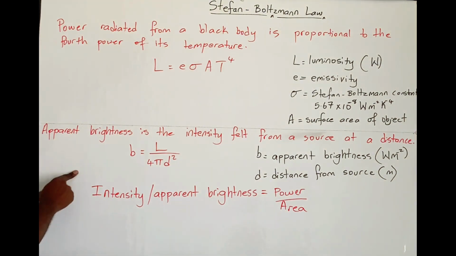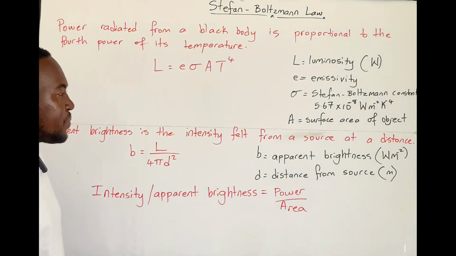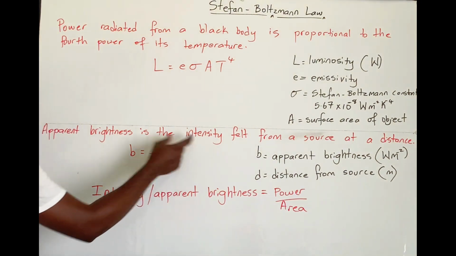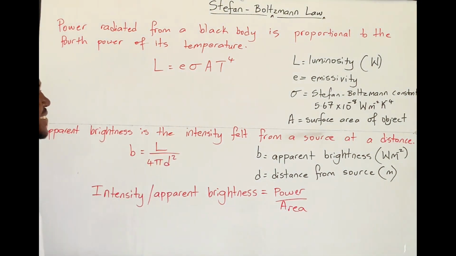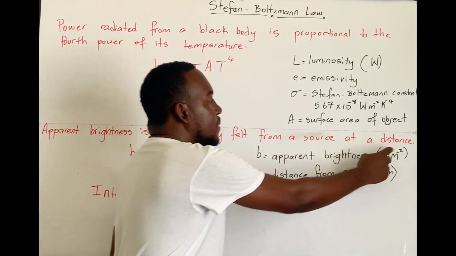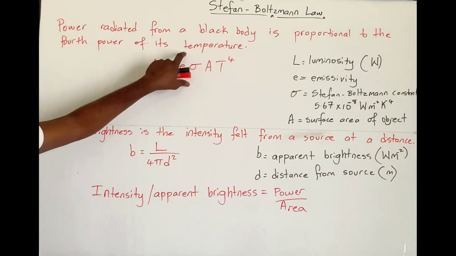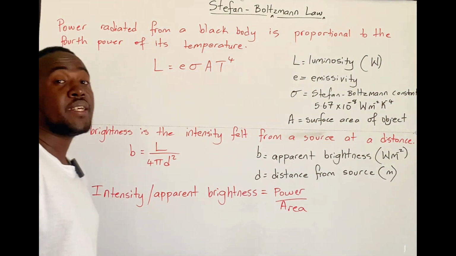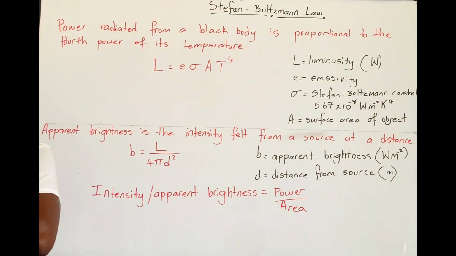Now there's another term that's called the apparent brightness. The apparent brightness is another way to say it's the intensity of what is being felt from a source at a specific distance. So when we have a source producing this power of radiation, what are we feeling further at a distance?